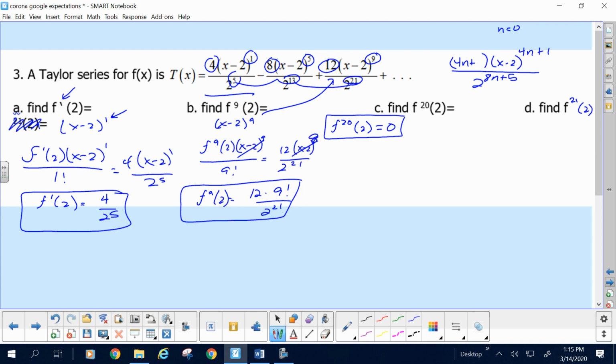So I need a starting point of 4 so that when n equals 0, I get a 4, and when n equals 1, I get 8. So 4n plus 4. That seems good. And then last but not least, the sign. Negative 1 to the n works, because I want to start off positive, not n plus 1. So there's my general term.